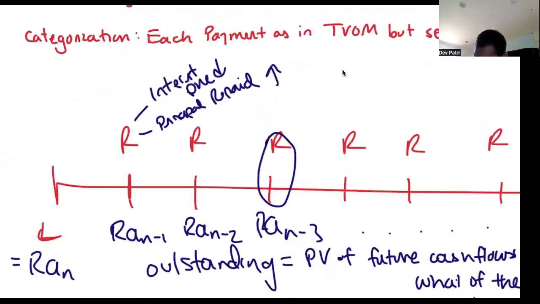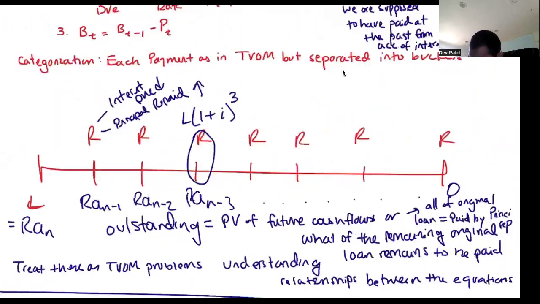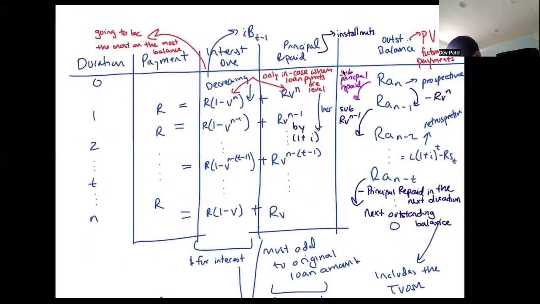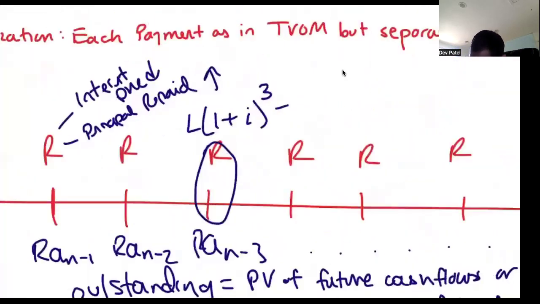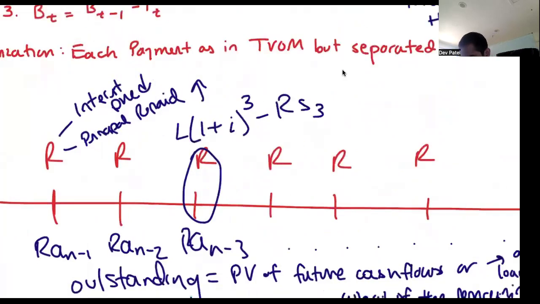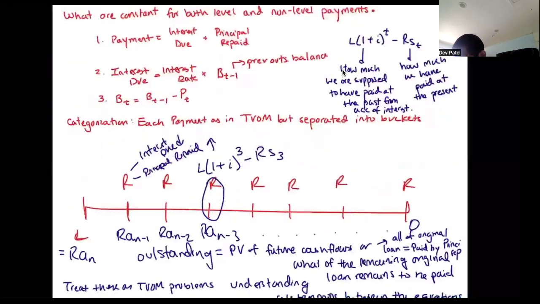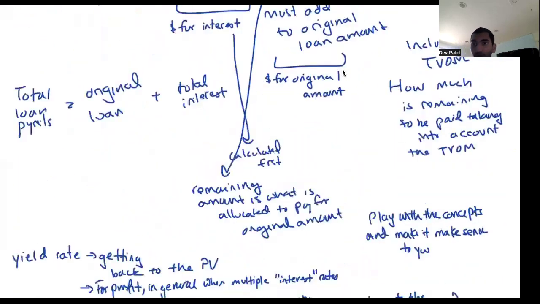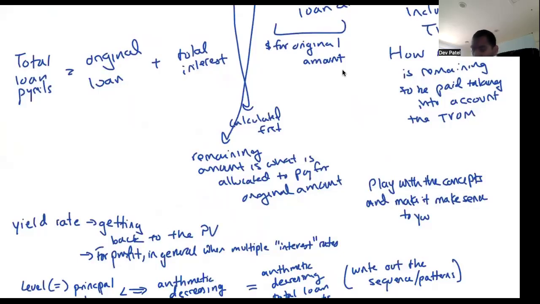Let's say we're at time 3, our loan has accumulated L times (1 plus i) to the third, or in any time, to the t, minus what we have accumulated so far, or the payments that we have made, which is going to be minus R s-angle-3. So L(1+i)^3 refers to the accumulation of the loan, and R s-angle-3 refers to the accumulation of the payment amounts that you've made.